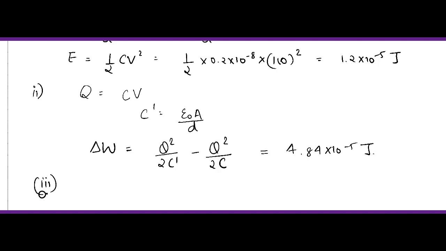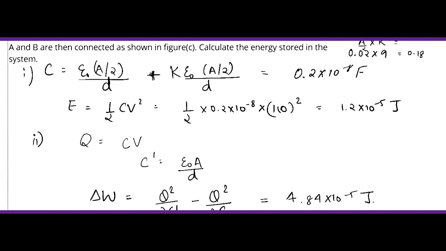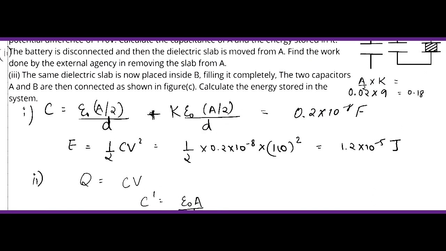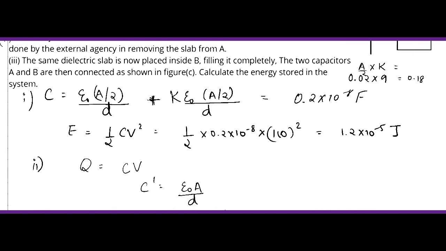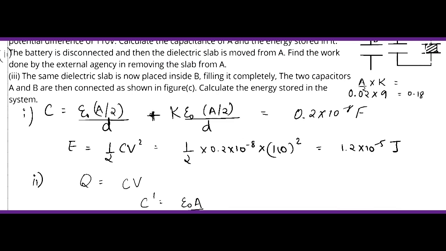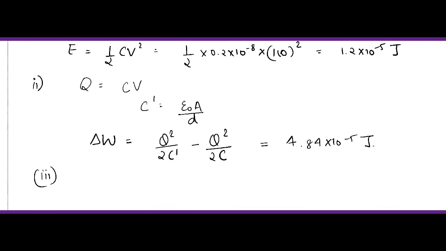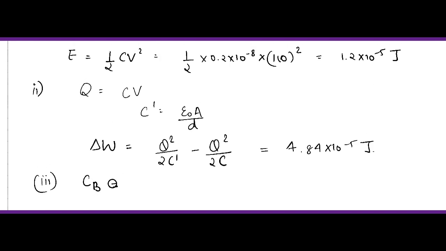The third question is when we connect A to B, and B is filled by the dielectric. We can find the new capacitance. First of all we calculate CB, the capacitance of B. That would be equal to K epsilon naught A by D, since it fills the area completely.